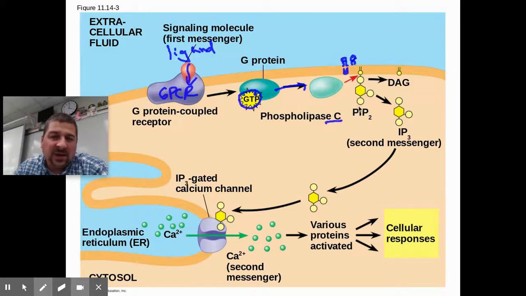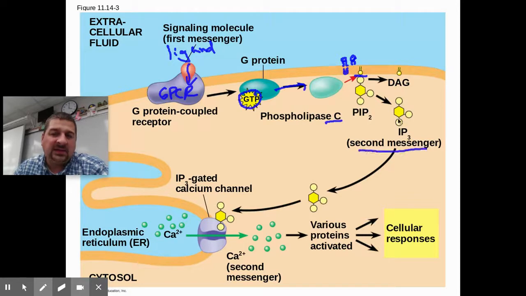There's a phospholipid called PIP2. Phospholipase C is going to cleave this bond, splitting PIP2 into DAG and IP3.